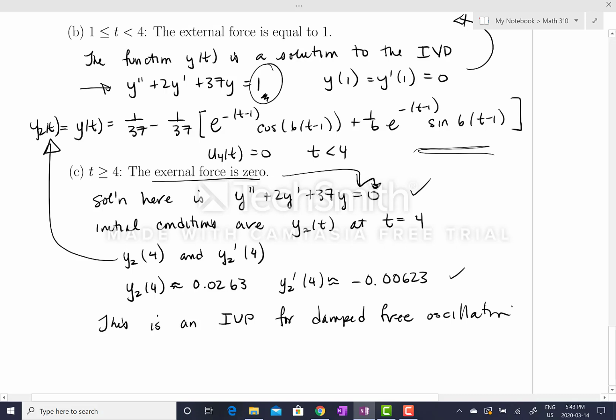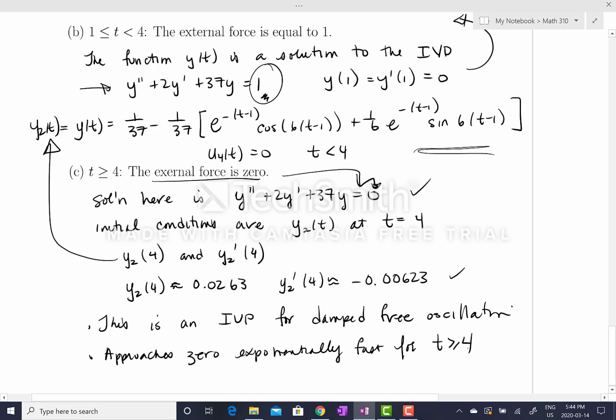It approaches 0 exponentially fast for t greater than or equal to 4.